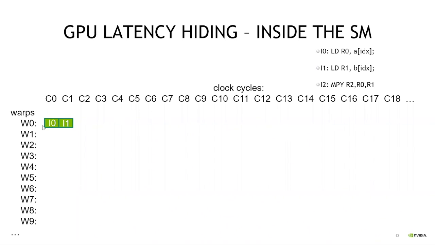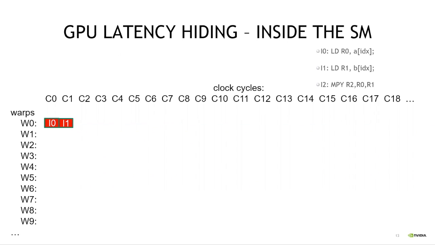When I issue the instruction, I've asked for the value A of IDX to be put into R0, but it's not done in a single clock cycle. Therefore, if I get to an instruction that depends on R0 or R1, I know they're not ready yet, and this warp has stalled. So in clock cycle C2, this warp cannot issue I2.